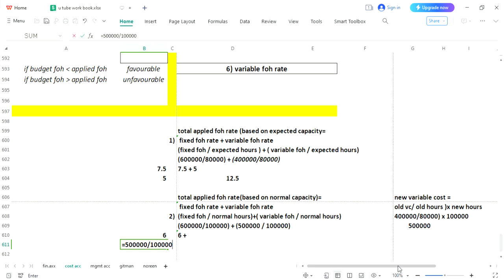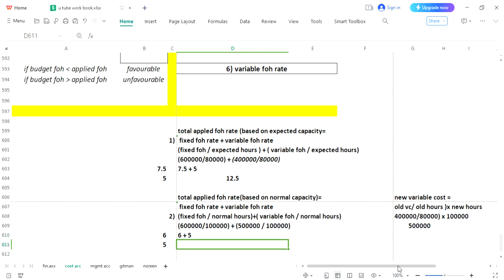So it would be 5. In this way, both rates have been calculated. When you add, you will get total applied FH rate based on normal capacity. So 6 plus 5 is equal to 11. This rate has been calculated for normal hours.